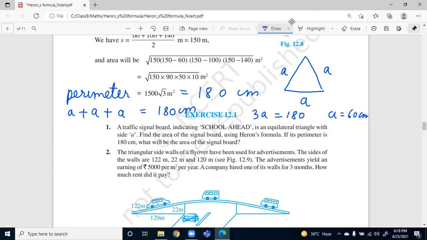Okay, so we got the value of the side of the equilateral triangle. Now we know that semi-perimeter is perimeter divided by 2. So what is the value of the semi-perimeter? It comes out to be 90. So now we have the length of sides, we have s. So let's apply Heron's formula.